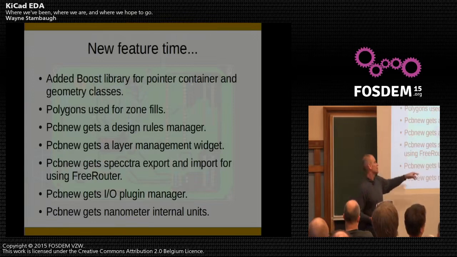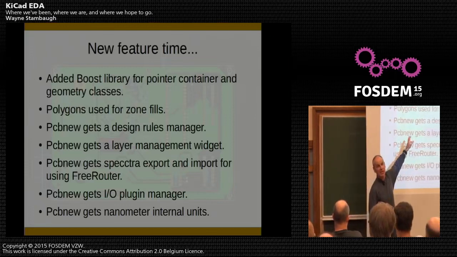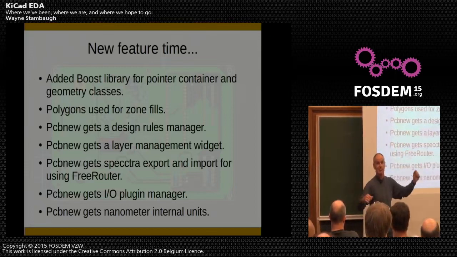You could port it into Freerouter, and we had the link already, so you would link, the Java would run, and then you could use a push and shove router to route your board. Very handy, and then it would save it back to DSN, and then the DSN would go back into PCB-new, and then you had the PCB-new file. So this was pretty important.